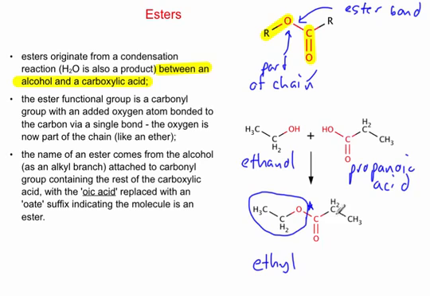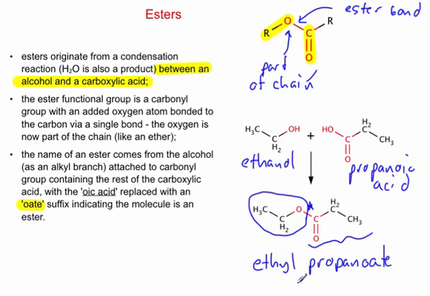So it's ethyl, and we take the carboxylic acid component, which is propanoic acid, and we take the oic acid off and we add the suffix -ate. So instead of propanoic acid, it becomes propanoate.